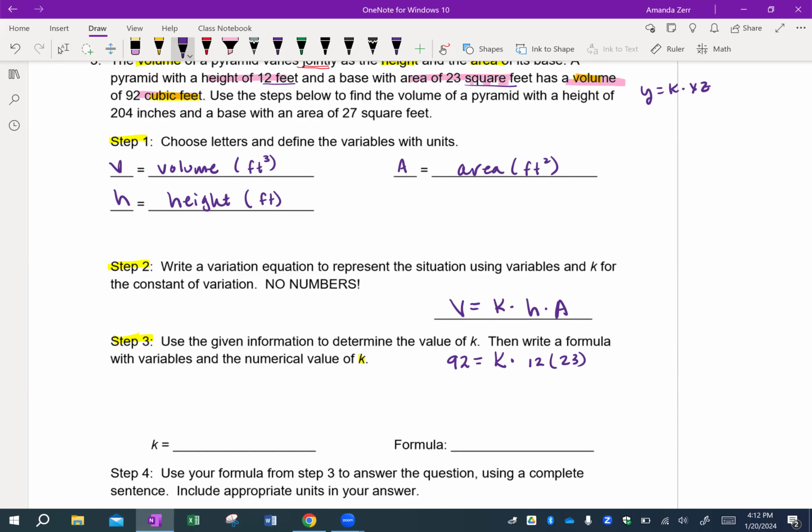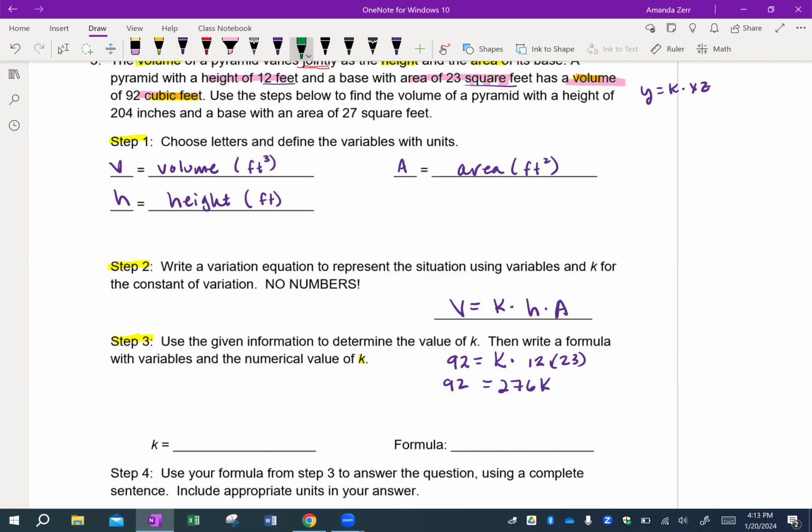Okay, so we have, let's see, these were feet. This was feet squared, and this is feet cubed. So my K doesn't look like it has any units because all the feet have canceled. Let's see, 12 times 23 is 276 times K is equal to 92.